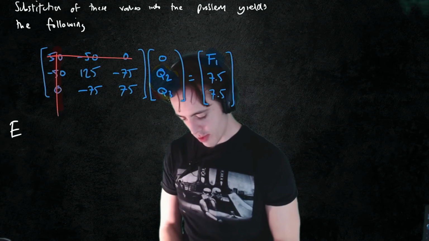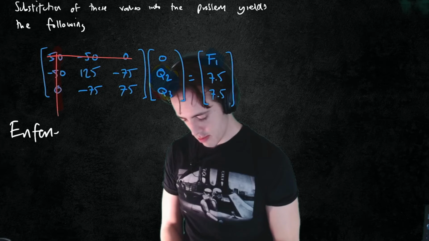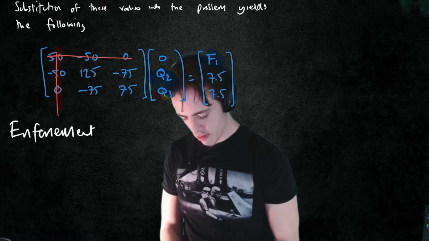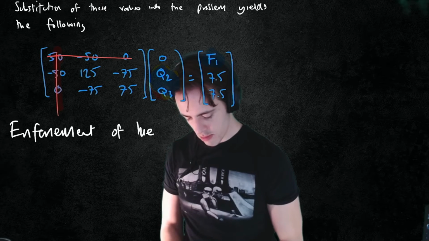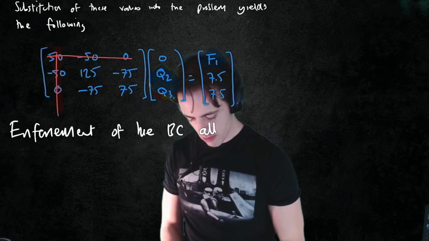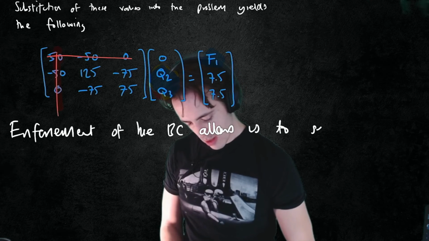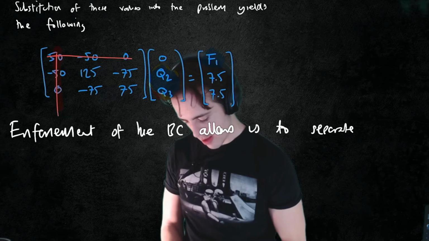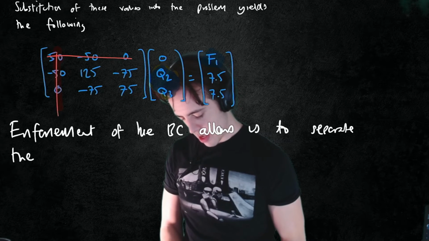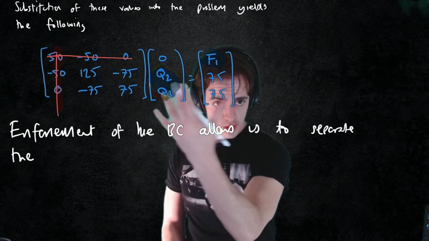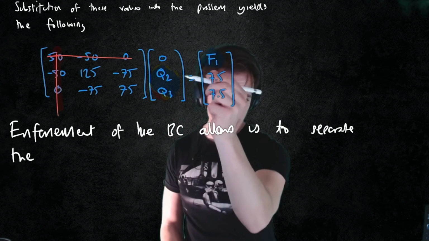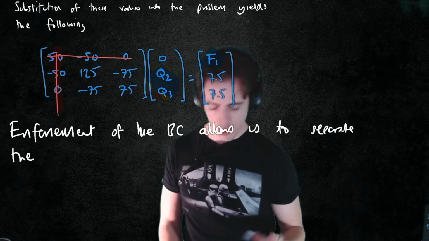So enforcement of the boundary condition allows us to separate the part of the matrix corresponding to the displacements that actually are the unknowns.